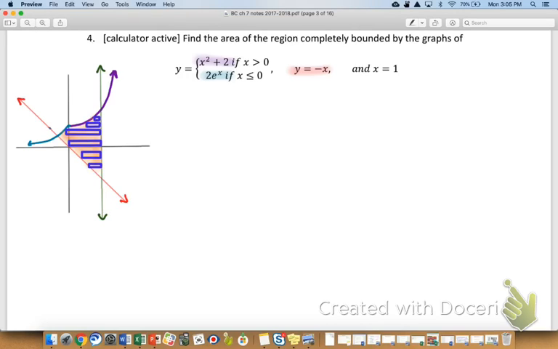So the vertical line is always the right edge, but on the upper part, isn't it purple for the left edge? And then as you drop down, it's blue for the left edge, and then finally it's red for the left edge. So basically it's a question of, do you want to do 2 separate integrals for the one transition, or 3 separate integrals for the 2 transitions? You could do either one, but since those functions are already in terms of x, stay with that, right? That makes sense?